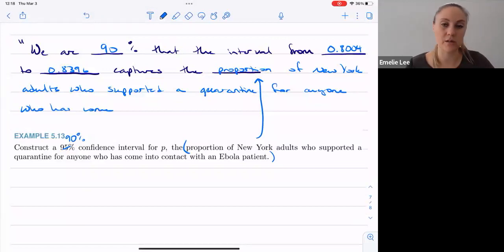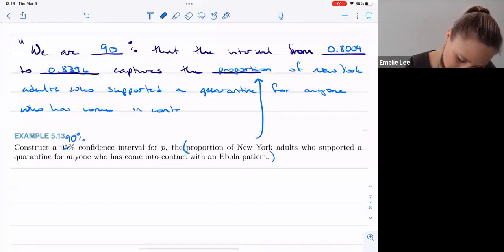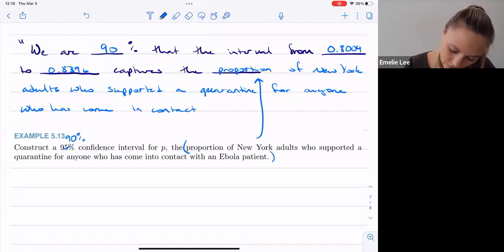So for this part, you really just reword the question as an answer.